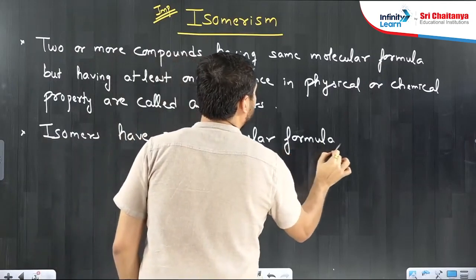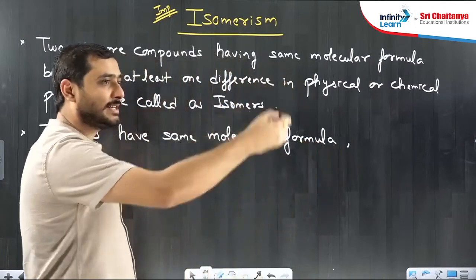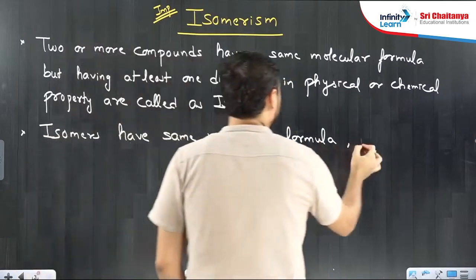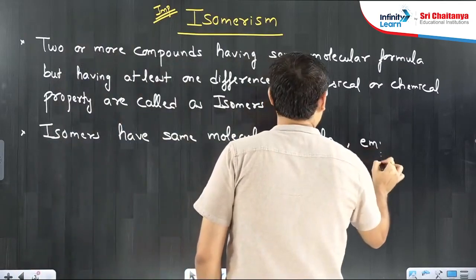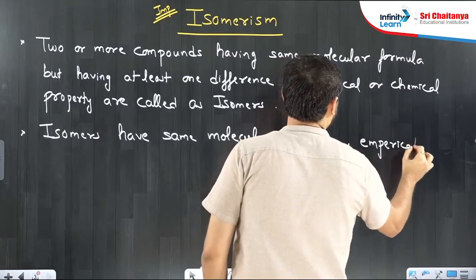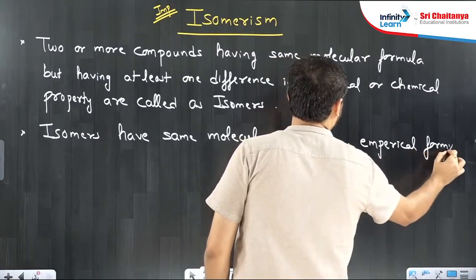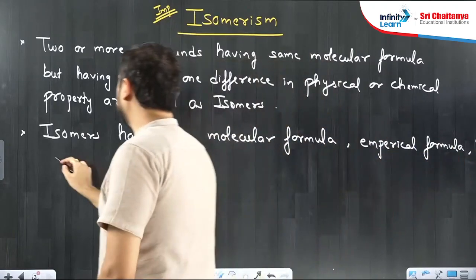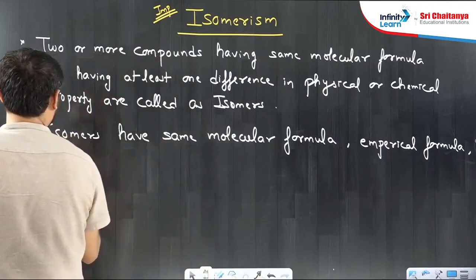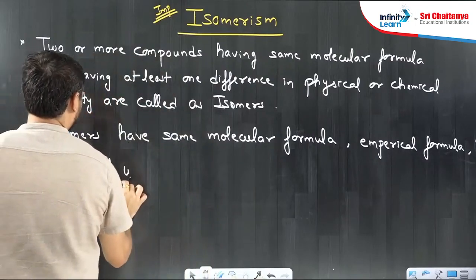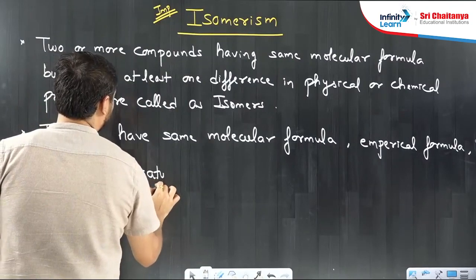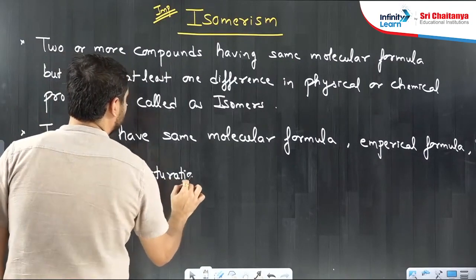This question will be asked in objective papers, that isomers have which things the same. So we'll write same molecular formula, empirical formula, degree of unsaturation, and one another thing, vapor density.